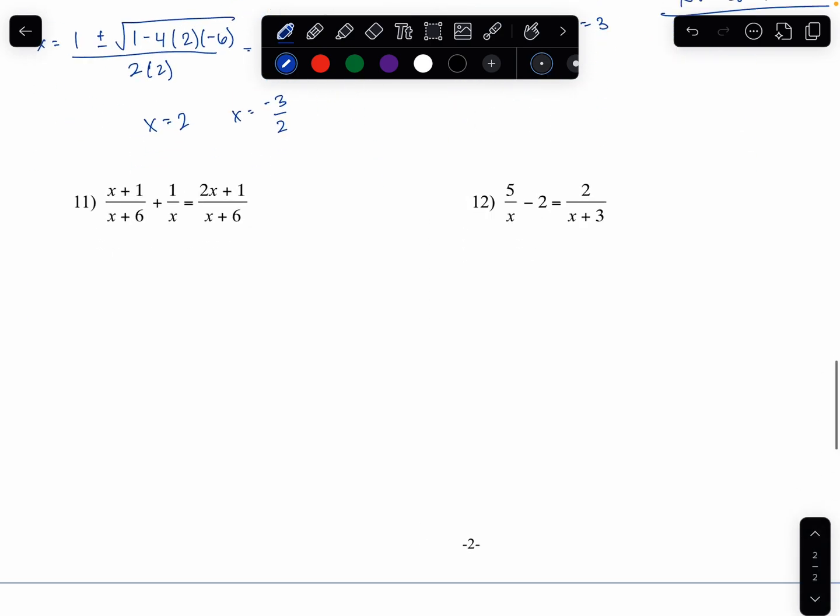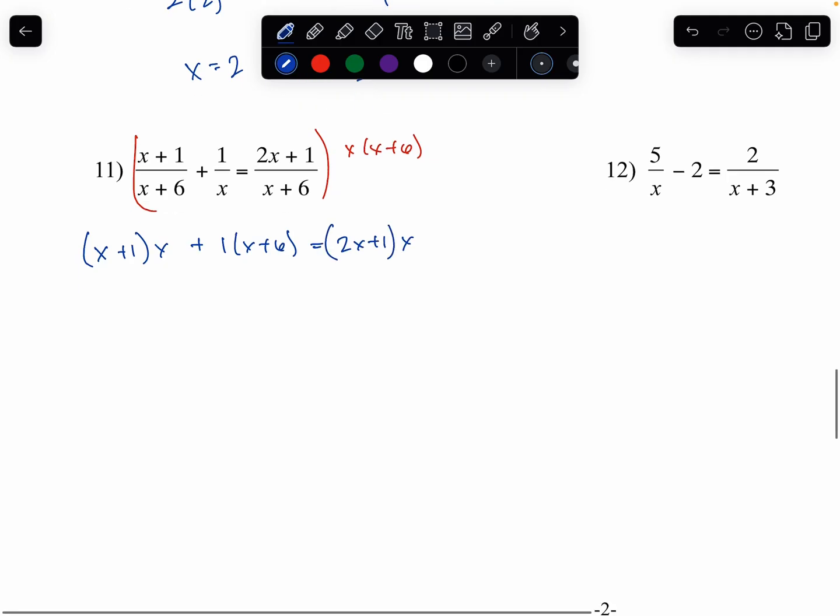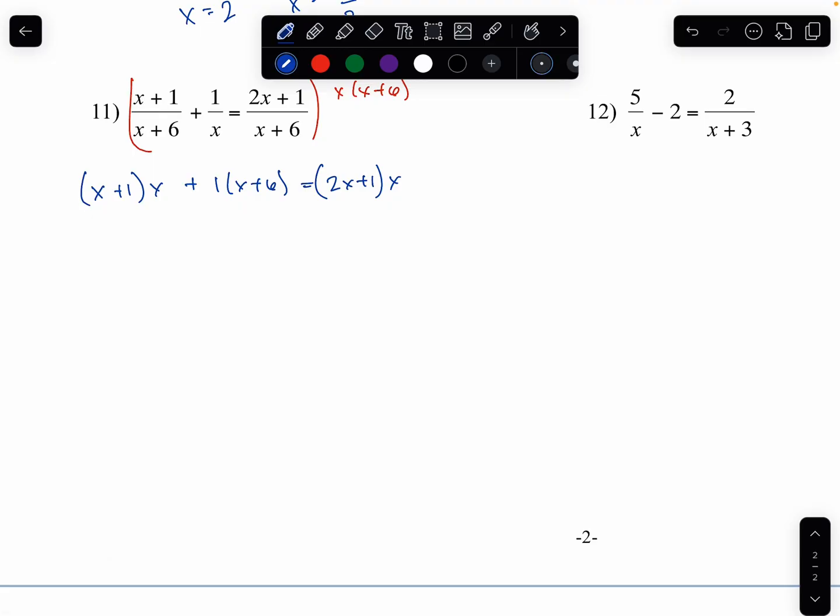Okay, for 11, go ahead and we're going to multiply everything by x and x plus 6. We'll have x plus 1 times x plus 1 times x plus 6 equal to 2x plus 1 times x. So when I distribute, I'll get x squared plus x plus 6 equal to 2x squared plus x.